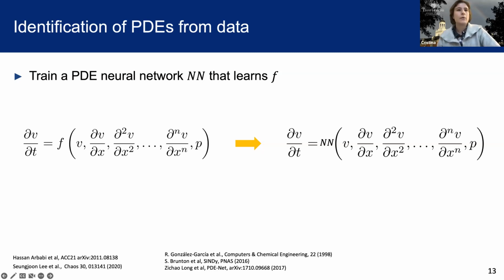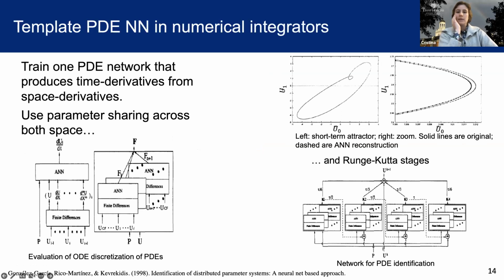And we will show how we can use automatic differentiation with numerical methods to approximate the PDE function f with a neural network. More specifically, like it was done in a previous paper in the group, a neural network that is recurrent in time, whose structure is based on a standard numerical method.